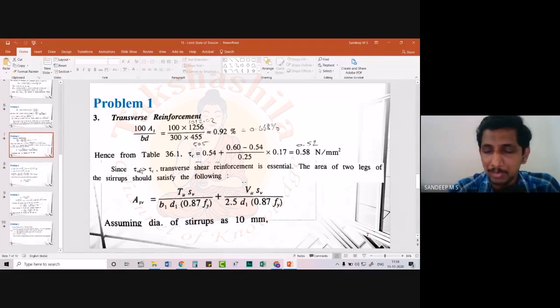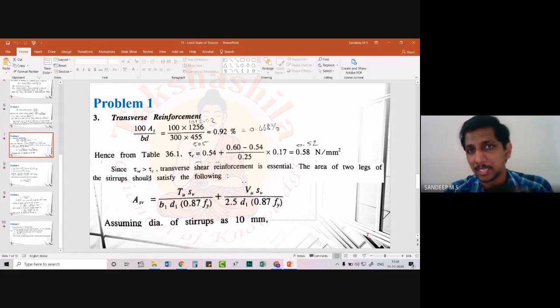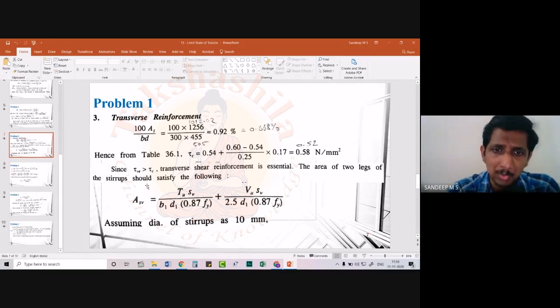Here we don't have tau V, instead we have tau VE, which is a modified value of stress that includes the effect of torsion, and we have already calculated tau VE in the initial step. So now, once we get tau C, we will compare tau VE with tau C and tau C max, and check whether reinforcement should be provided or not.